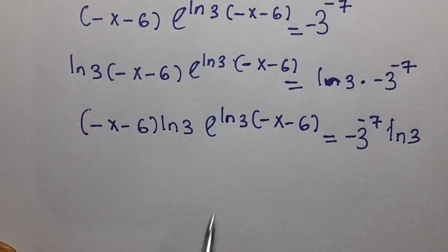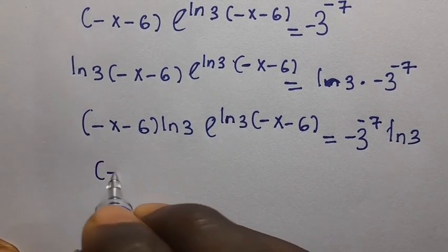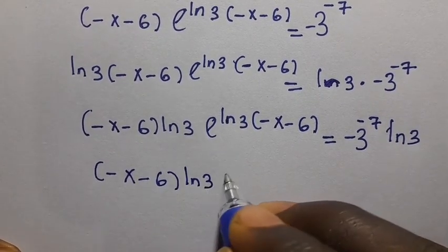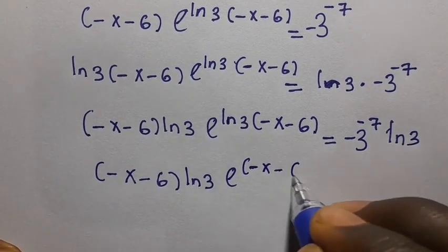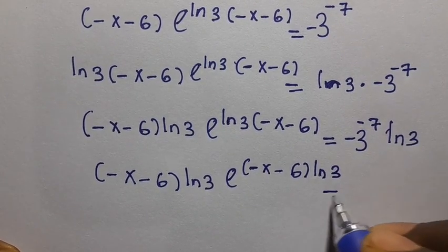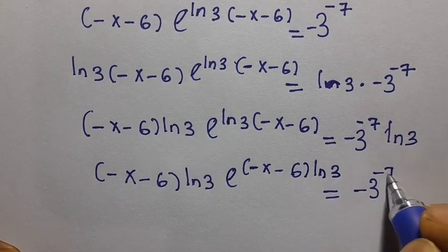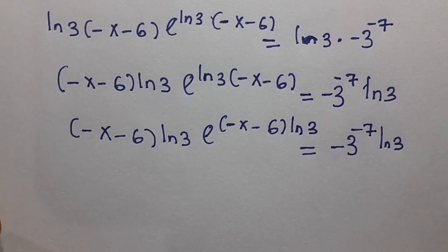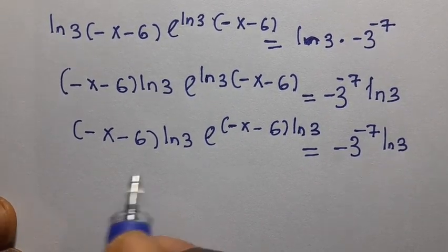So let us also rearrange this one very well. We have it to be minus x minus 6 ln 3, then exponential minus x minus 6 ln 3 equals minus 3 raised to power minus 7 ln 3. Now, let's multiply through by the Wolf alpha function w.